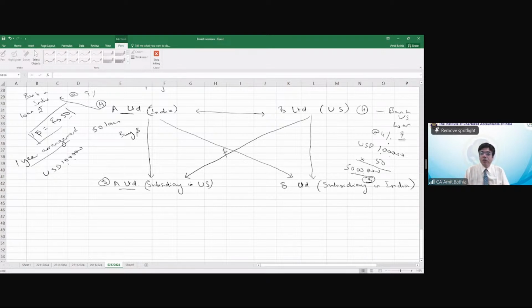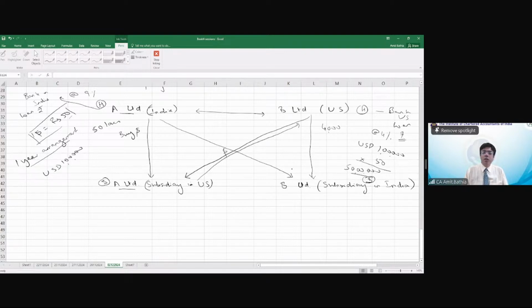B Limited in US, which has a loan in its books at 4%, will have to pay interest of $4,000. So it will pay its bank and recover that from A Limited. A Limited subsidiary, which is in US, is going to pay this $4,000 back to B Limited so that they can pay the bank.